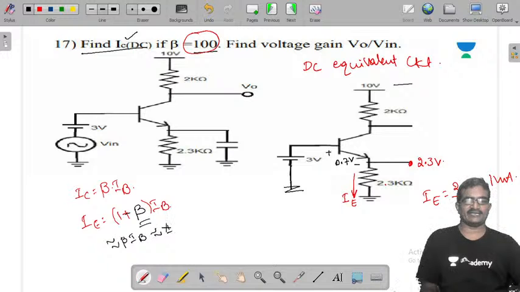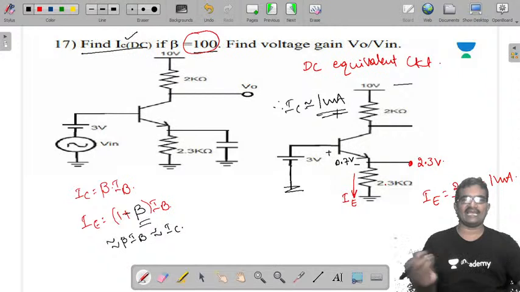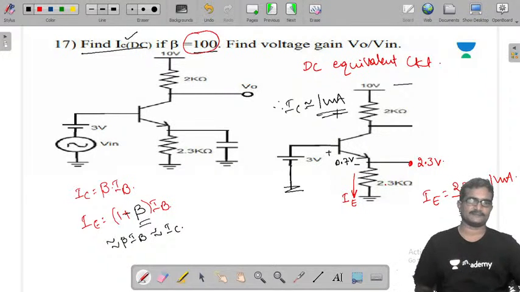So approximately it is IC. So you can treat IC also as 1 milliampere approximately. Hardly you get 0.99 milliamperes. 0.99 and 1 milli, not that much variation. That is the value. And this is the CE amplifier.